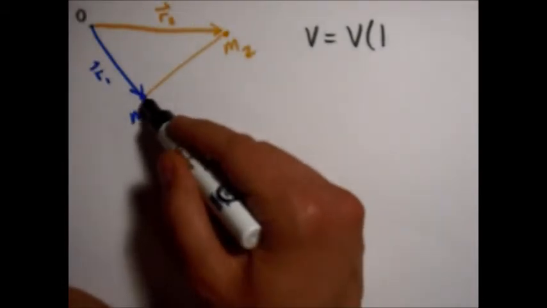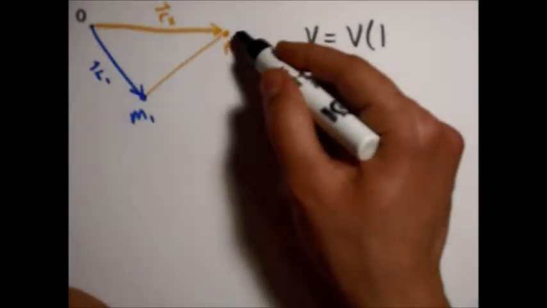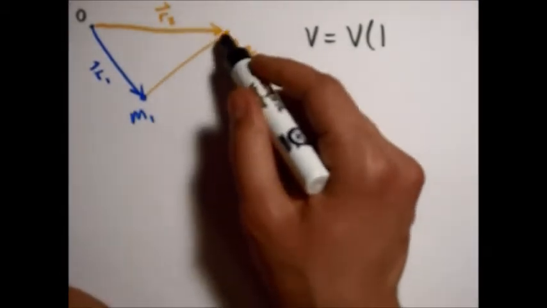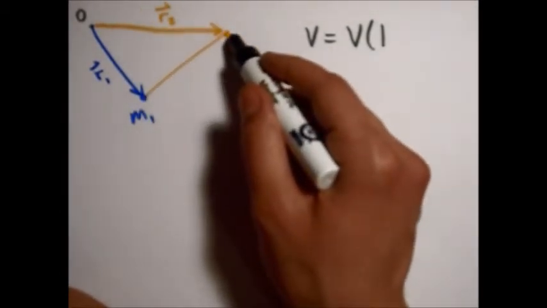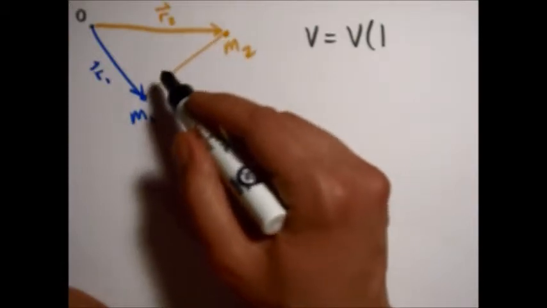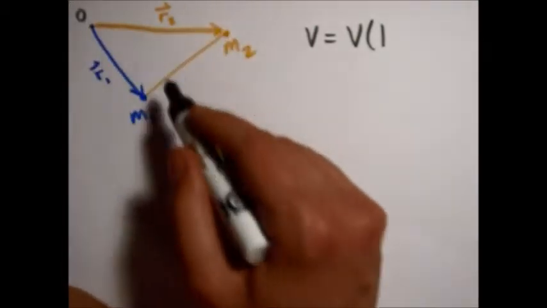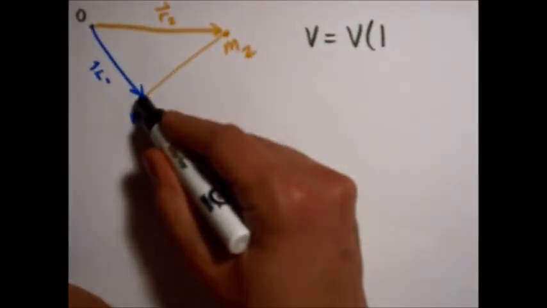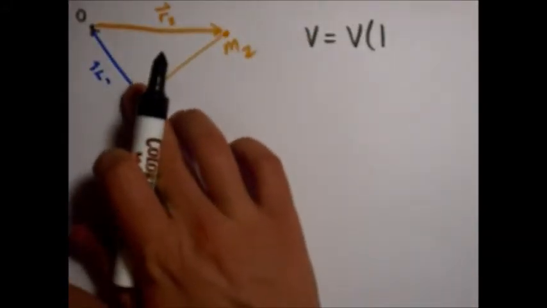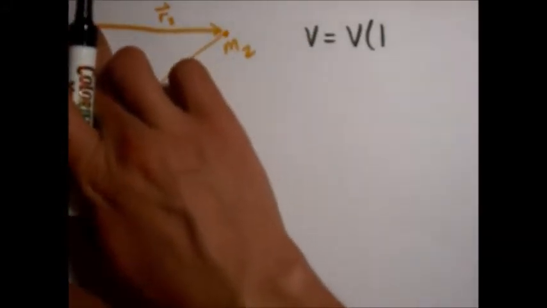And so we can see, if we want to find the vector from one to the other, we just have to add one of these vectors plus the opposite of the other one. So, for example, if I want to go from M1 to M2, all I have to do is take the arrowhead on this one, move it over here, so take the opposite of this vector, and then go here and then here.